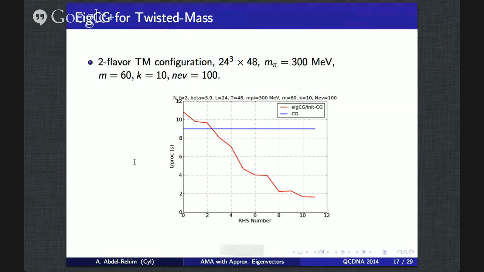So I'm just showing some sample results here. For example, this is a 2-flavor configuration at 24 cube times 48 at 300 MeV pion. These are the parameters used for incremental eigCG, and this is the time to solution compared to the case of CG. We see that the time to solution decreases very nicely as we increase the number of right-hand sides that we solve, with some small overhead in the initial phase.